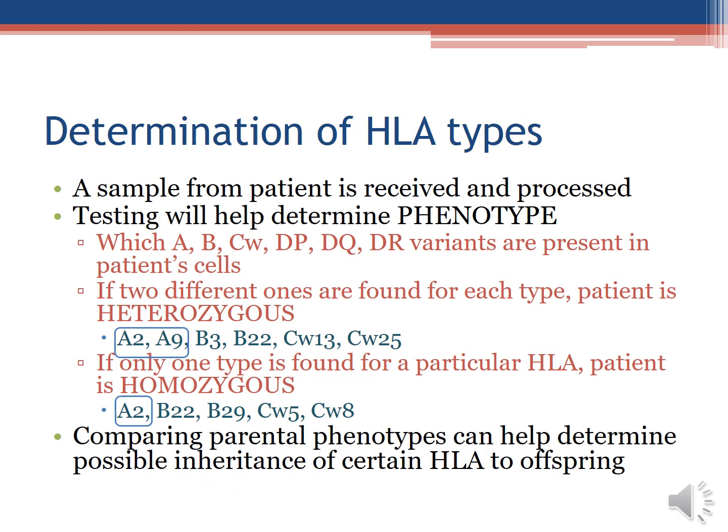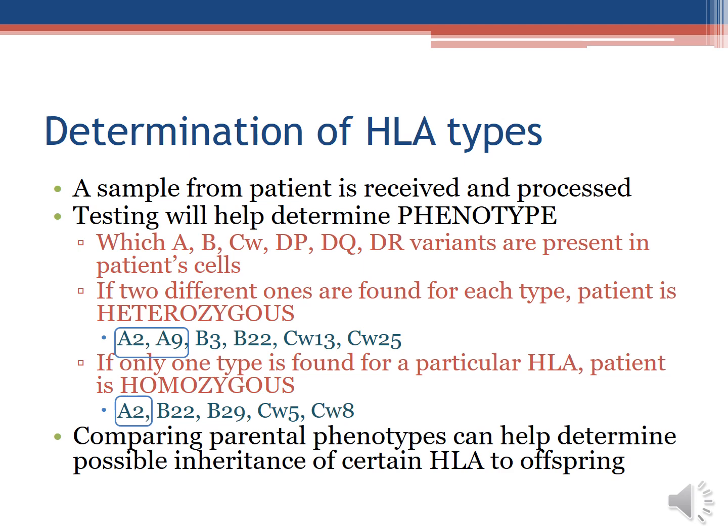So when we're trying to determine HLA types, we'll basically get the sample from the patient and process it. This testing will help us determine the phenotype of that particular patient, so basically which HLA types are present in the patient's cells. Obviously, if we have two different types of one particular HLA, like A2 and A9, then we would consider them to be heterozygous.